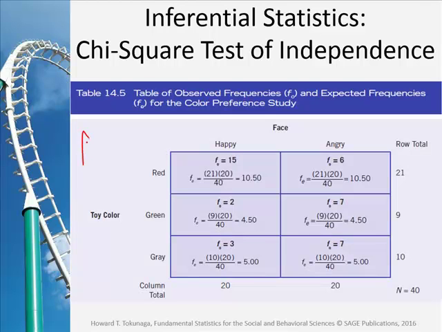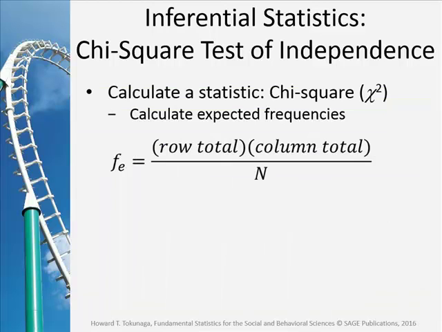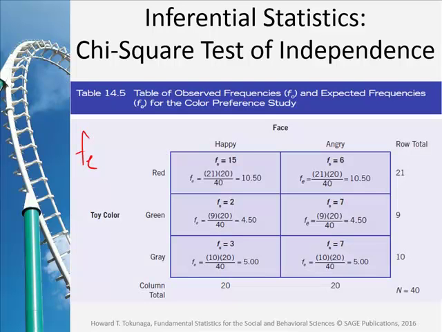So expected, sorry, I felt a groan from the slide copiers. Right. Row times column divided by n. N is going to be the same for all of these. What's our n? It's hidden down here. It's 40.